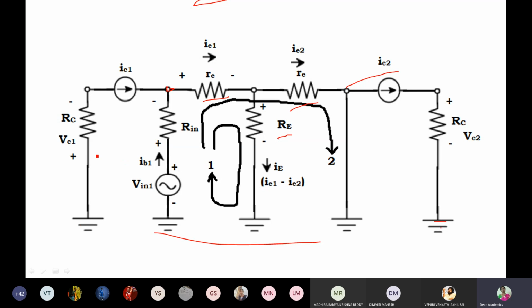You please note down this circuit. VC1, RC, after that VCC should be there, which is connected to ground, and IC1. The current directions that were in the previous circuit are the same here. There we have RS1 and the input resistance of the transistor; putting all these together we have named it R in.